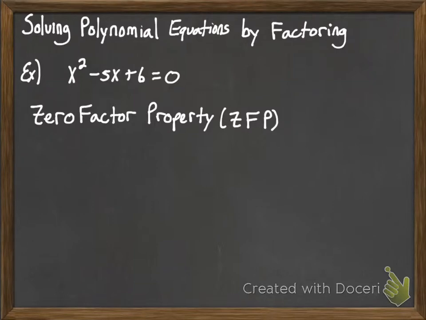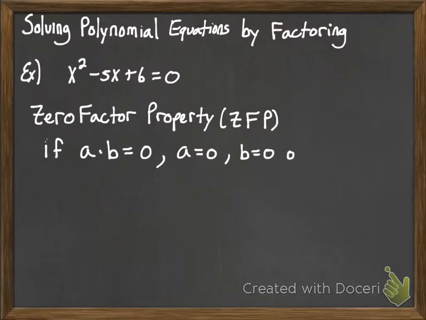And whether you call it zero factor property or ZFP, it says a very basic, easy to understand idea. It says that if two numbers are being multiplied together and they're equal to 0, then either A equals 0, B equals 0, or they're both equal to 0.